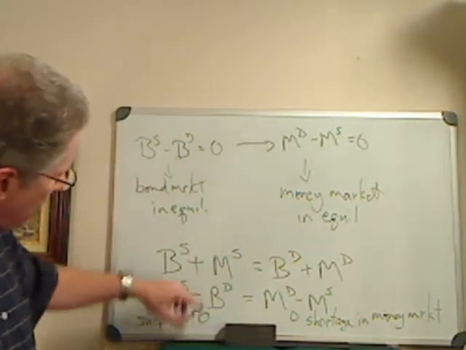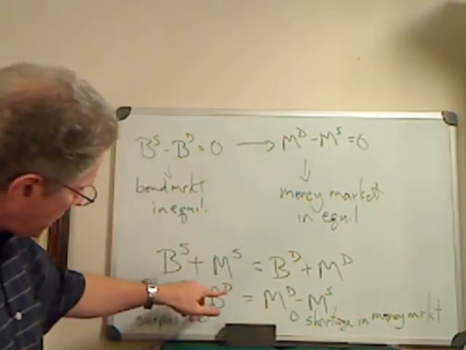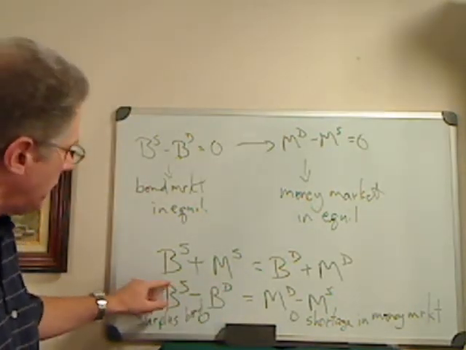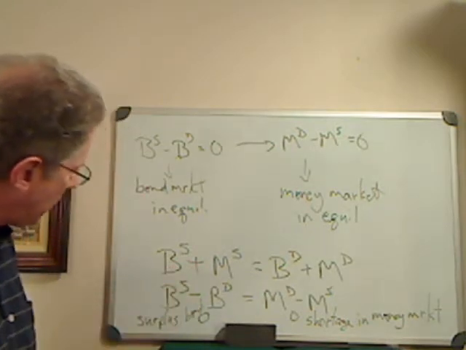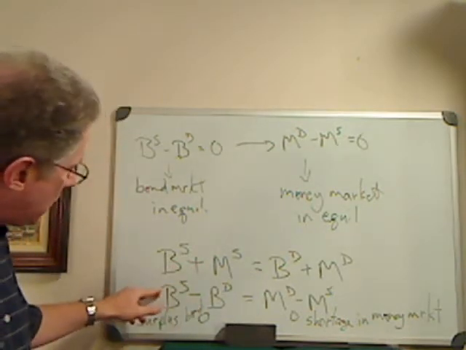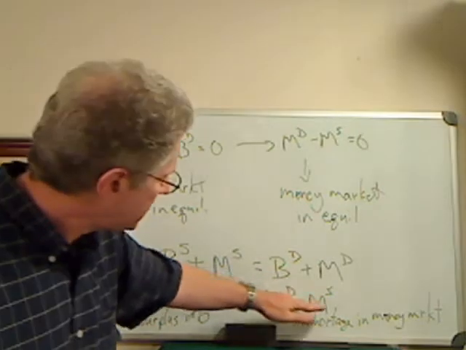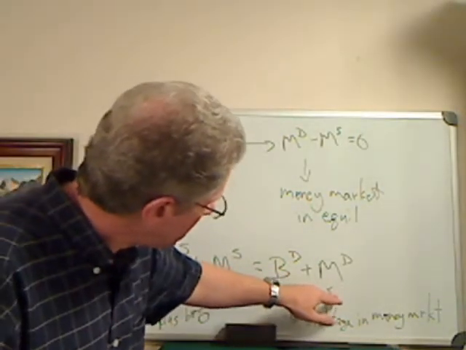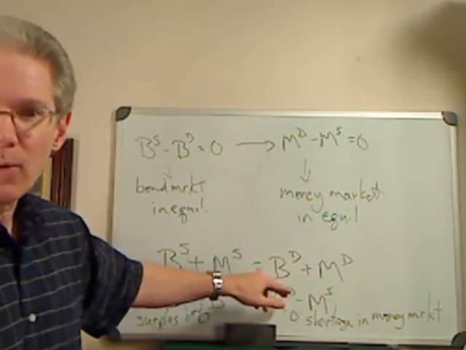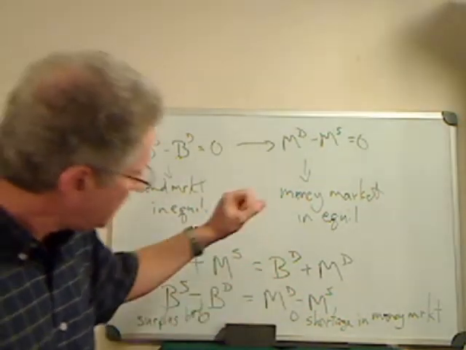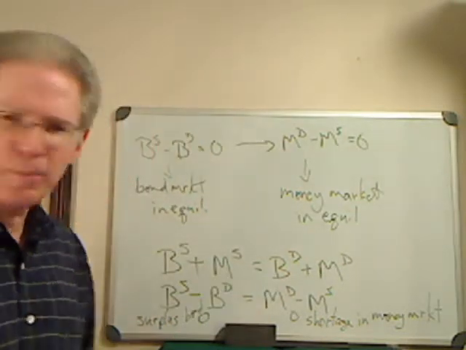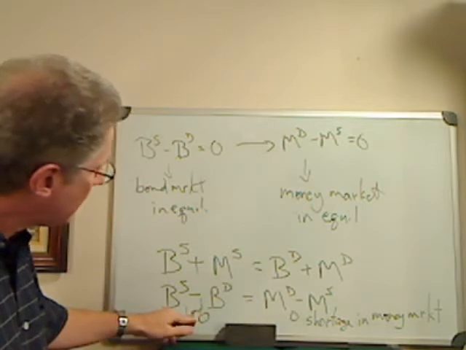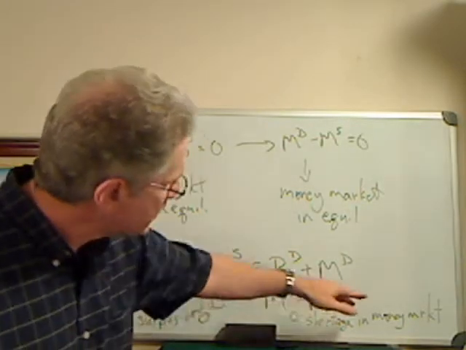On the other hand, if the opposite were true, if quantity of bonds demanded was greater than the quantity supplied, then this side would be negative. We would have a shortage in the bond market. This side would be negative as well, but that would mean the money being supplied was greater than the quantity being demanded, and so that would be a surplus in the money market. So if we have a surplus in the bond market, it implies a shortage in the money market.